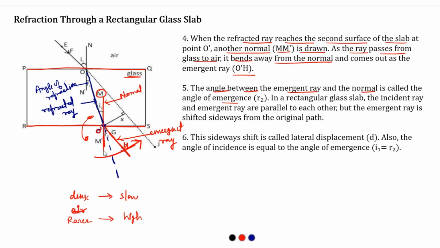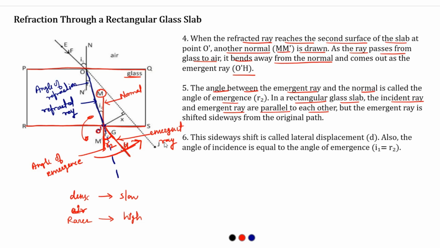So this is the normal, this is the emergent ray, and this is the angle. And this angle, that is R2, is called the angle of emergence. In a rectangular glass slab, the incident ray and the emergent ray are parallel to each other. Very, very important. Where is our incident ray?